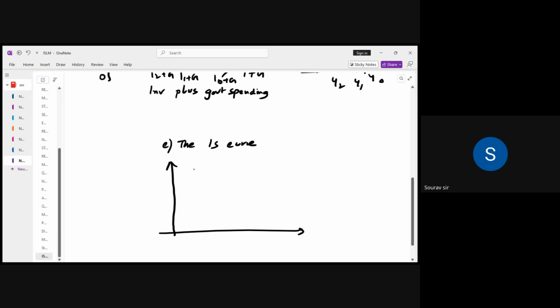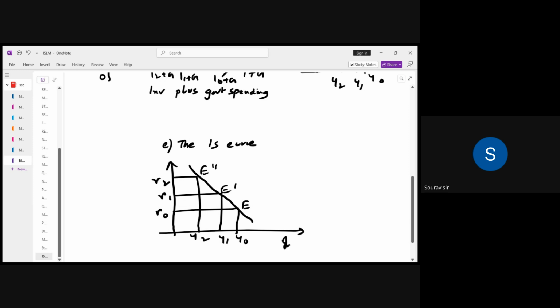So here we have E bar. Here we have R1, R2, R0, and Y2, Y1, Y0.